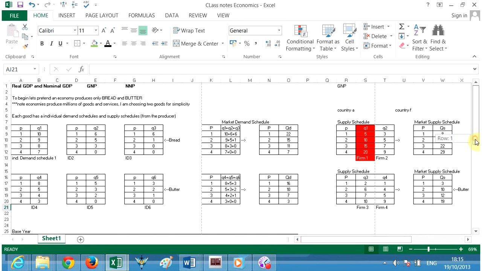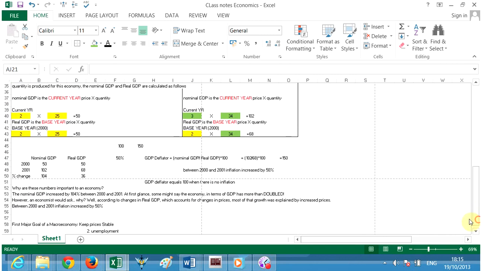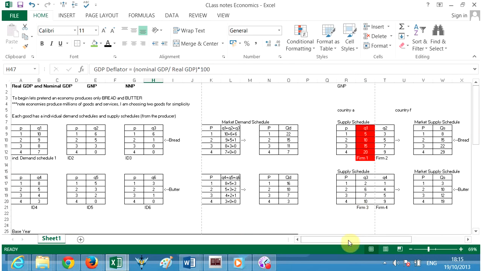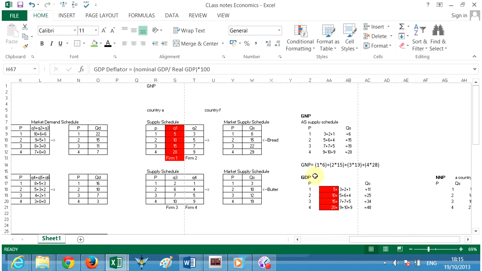Practice this, and I will assign homework so that you can see the difference. See how practicing the GDP deflator can help you to find out whether the growth is based on price changes or on productivity. And the GNP says, is this GDP because of our domestic markets or is it because we have a lot of firms from outside the country within our country?